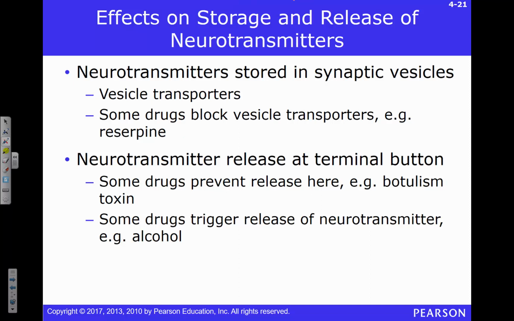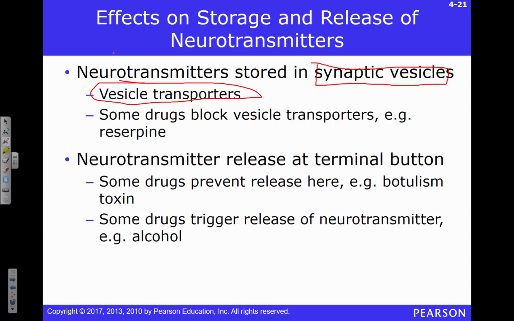In order for us to get a neurotransmitter out of one cell into the synapse and to affect another cell, we need to store it in what's called a synaptic vesicle. Okay, we've talked about these. It's basically just a sac of neurotransmitter. We can actually have drugs that increase the activity of these vesicle transporters, right?